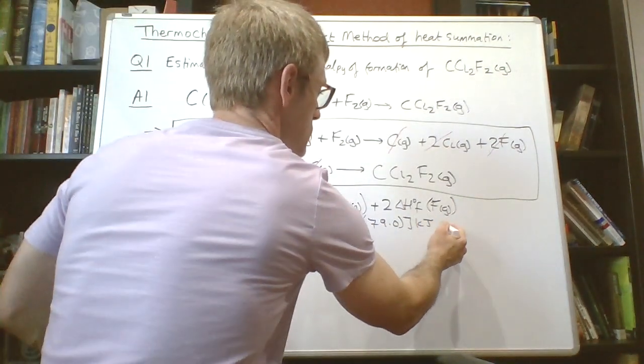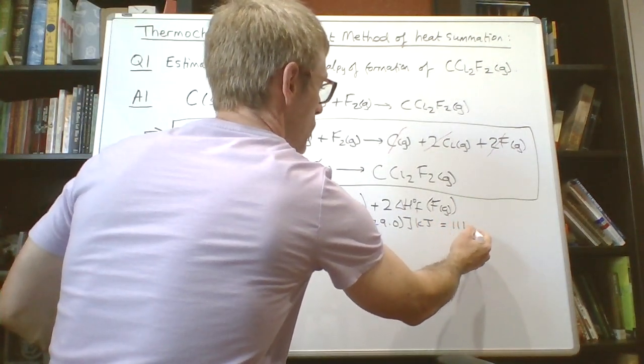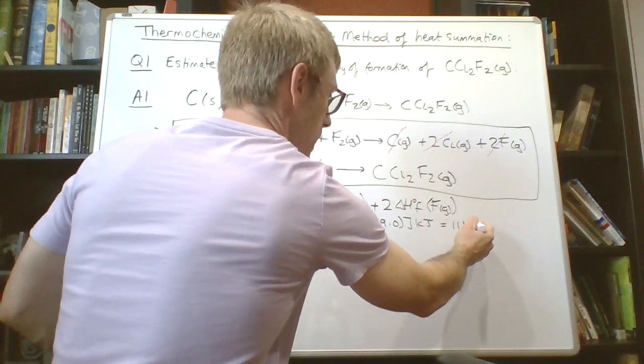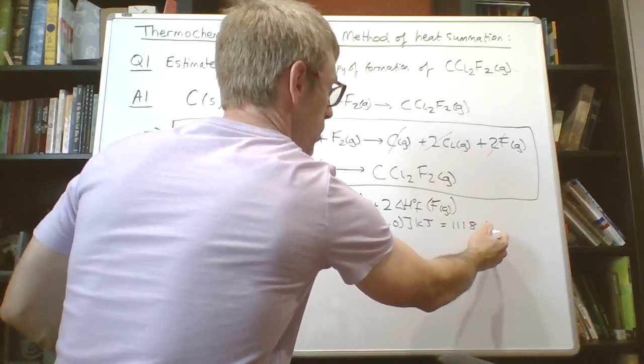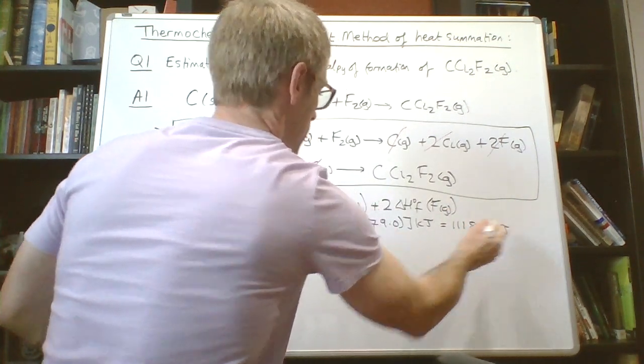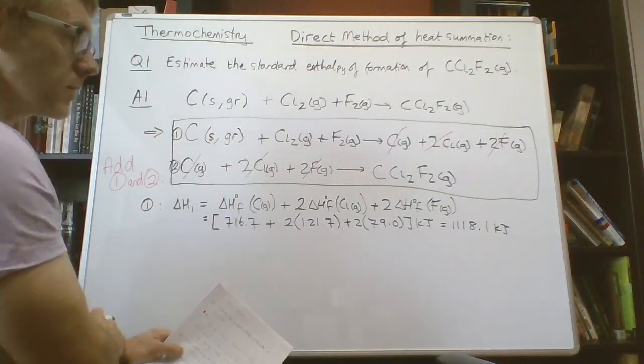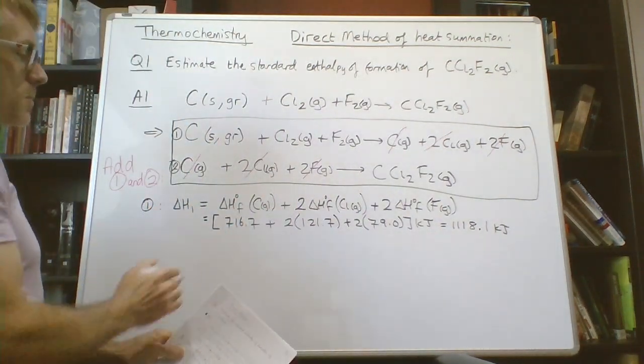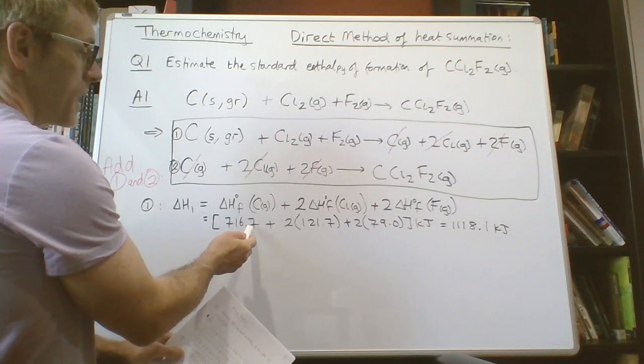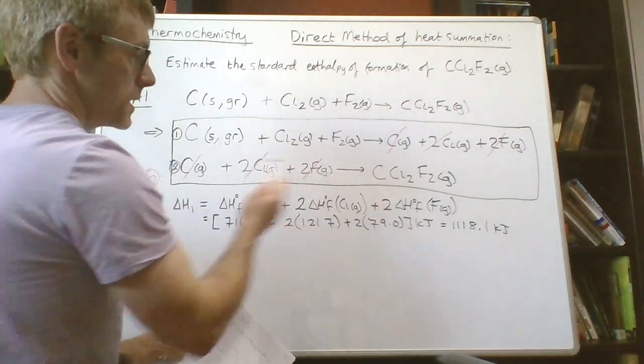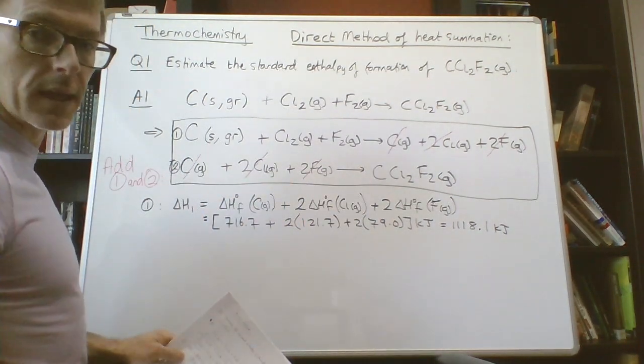And this equals 1118.1 kilojoules. And I give 1 decimal place because I'm adding numbers that each have 1 decimal place, and I propagate least decimals.